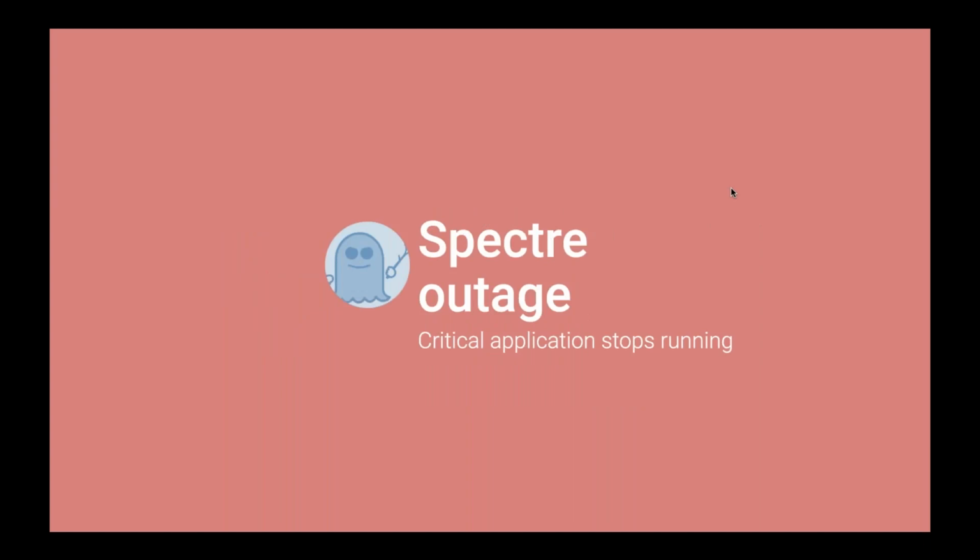How many of you have heard about the Spectre vulnerability? It's a hardware level vulnerability which was revealed last year. In the beginning of last year, it was revealed and it has affected almost every computer in the world. It's an issue with the architecture of modern day processors like Intel, AMD, and mobile processors.